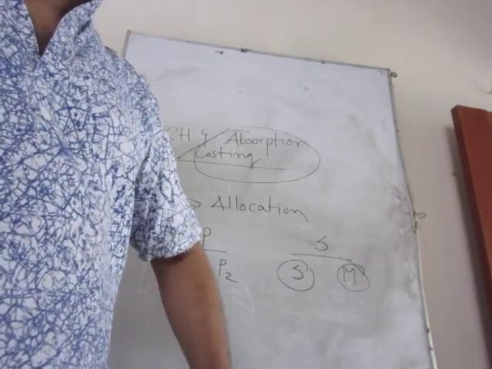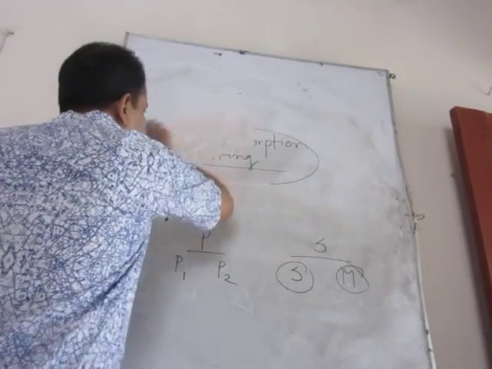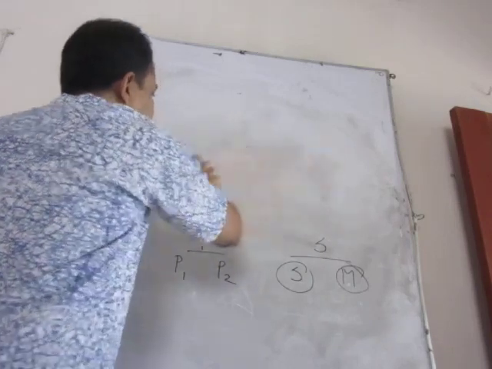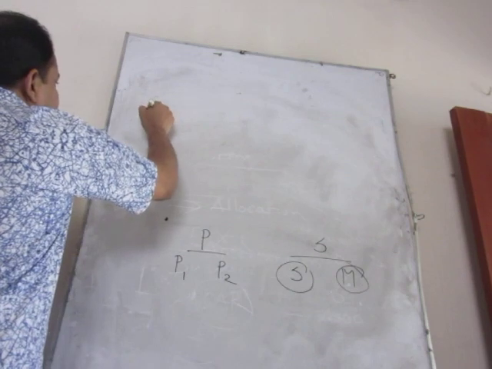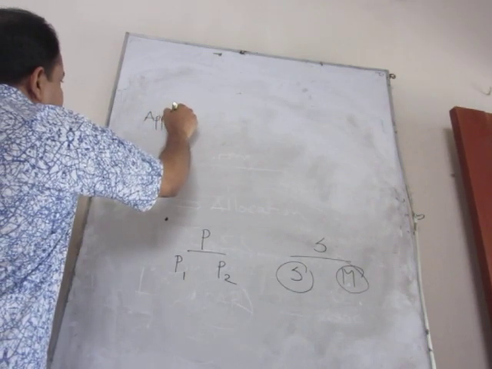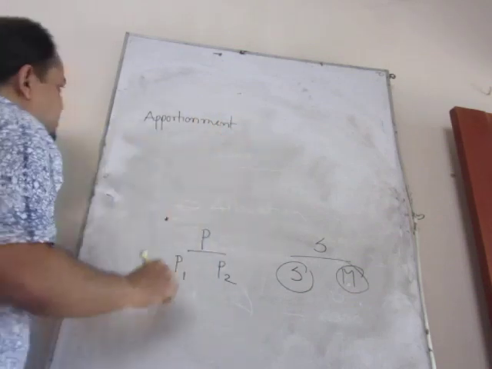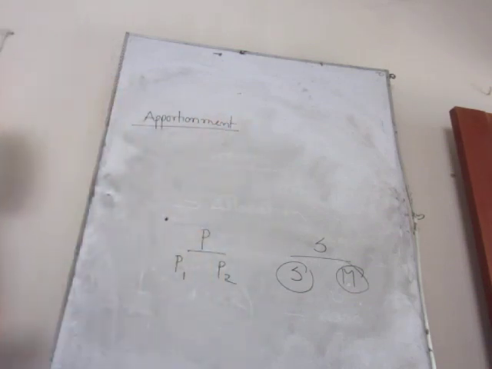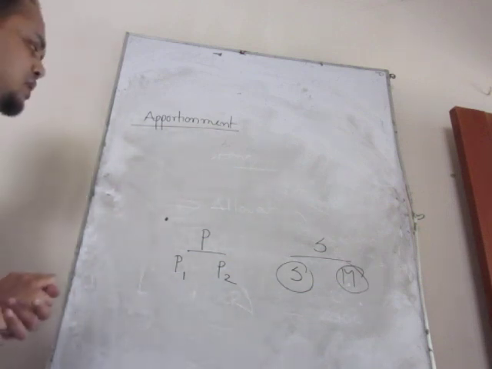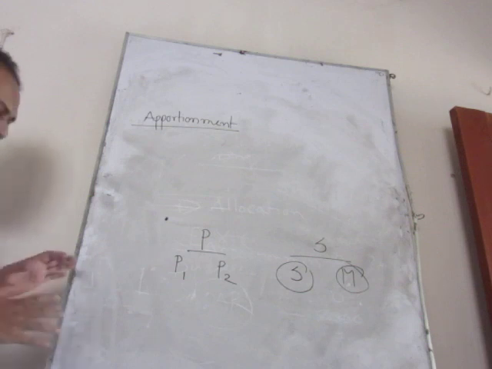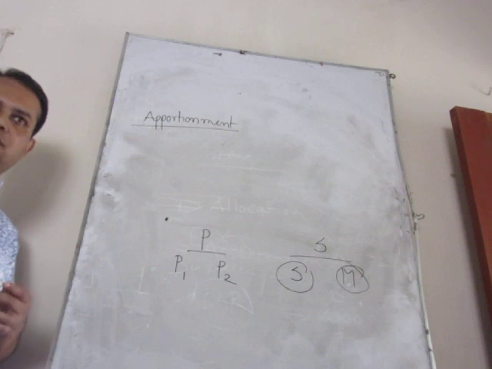Apportionment. In the case of apportionment, another thing I want to say is that you will be provided different kinds of indirect cost.